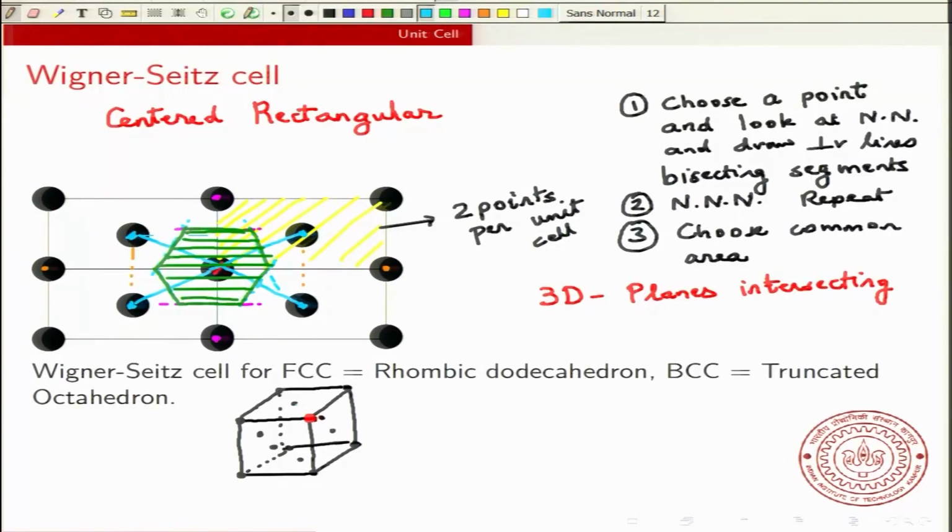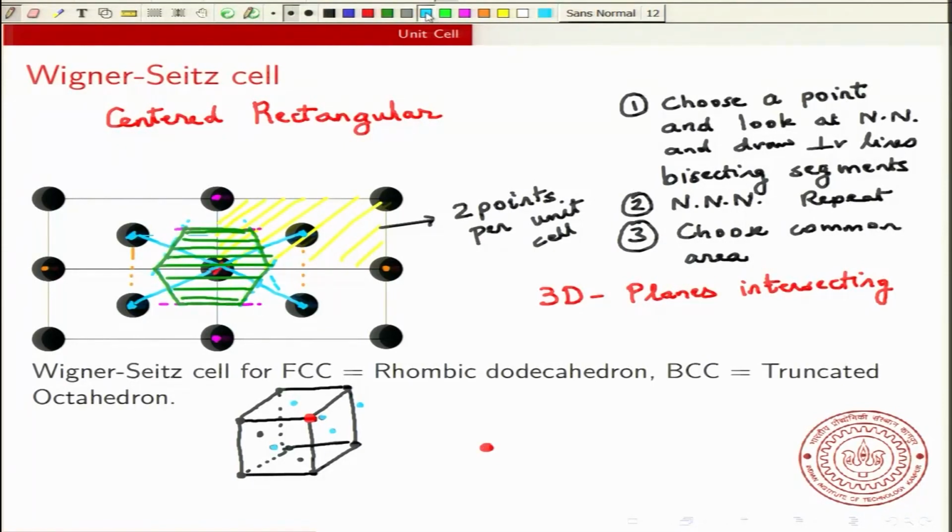So the 12 will be this, this, and these 4 will be in this unit cell. Then there will be 4 more in another unit cell. So I can just show. In this neighboring unit cell there will be a point here. There will be a point in the cell that comes out in this direction. There will be another point here.